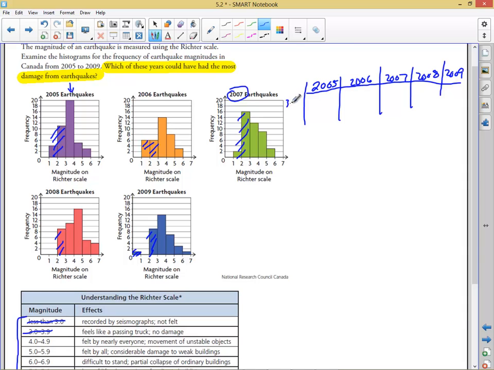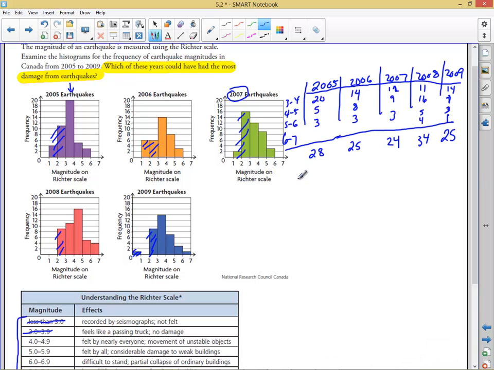And those from 3 to 3.4, 4 to 5, 5 to 6, and then 6 to 7.